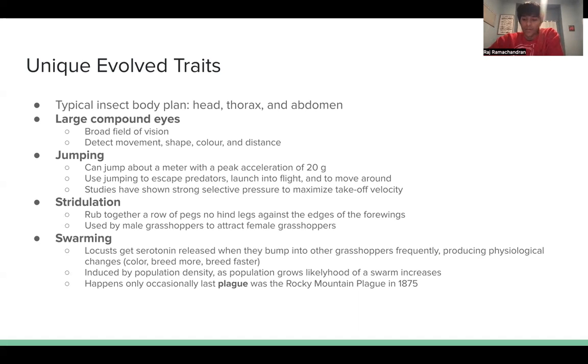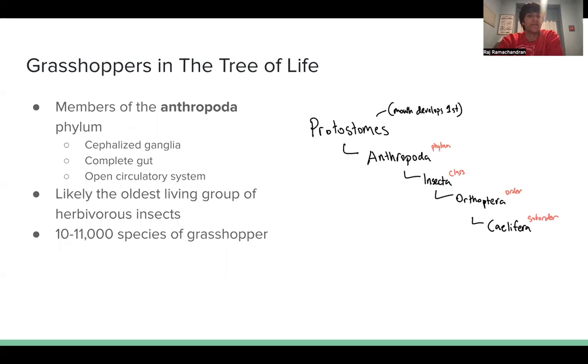So, pretty cool. How do they fit in the tree of life? I drew a little thing on the right. Hopefully my handwriting is good enough, but they're protostomes, so their mouth develops first, as opposed to deuterostomes, where the anus forms first. They're arthropods, which means they have cephalized ganglia, a complete gut, and an open circulatory system, just like we discussed in lab.